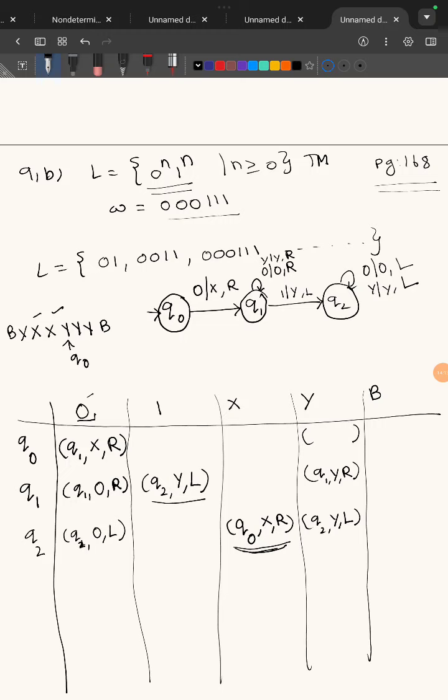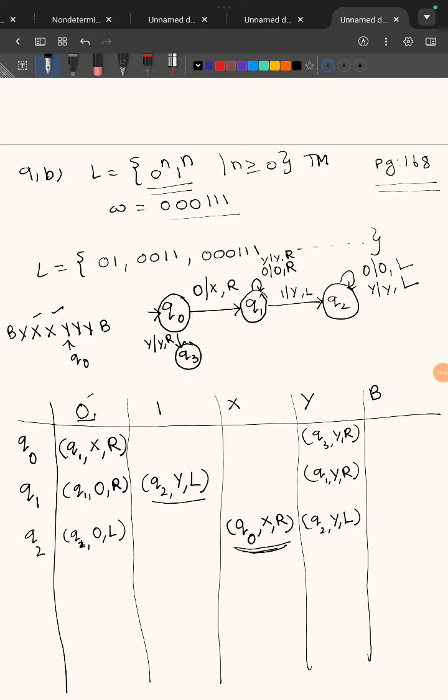Okay, we will not repeat the steps because now we know that we have converted the X and Y's. What we will do? We will move my state to Q3. Okay, what we will do with Y? We will not do anything with Y. We will keep the Y as it is and we will keep on going to the next symbol. Okay, so it will be Q3 Y R.